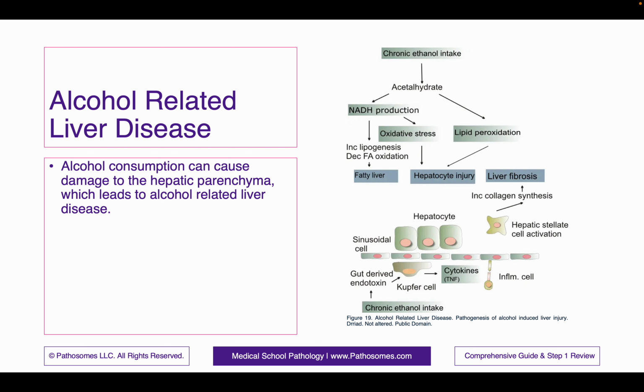Drinking too much alcohol, acetaldehyde affects the NADH production, right? You get a fatty liver. Oxidative stress causes the hepatocyte injury. You get lipid peroxidation, more injury. That promotes the fibrosis of the liver in and of itself due to the hepatic stellate cell activation, right?